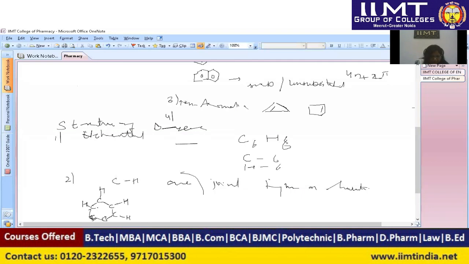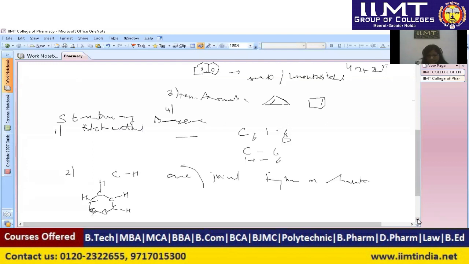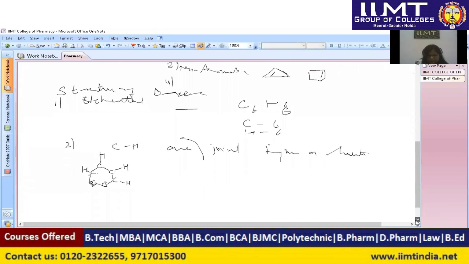Now I can complete this by showing all the hydrogens, and we can come to a conclusion that this is a cyclic form with all the carbons and hydrogens.